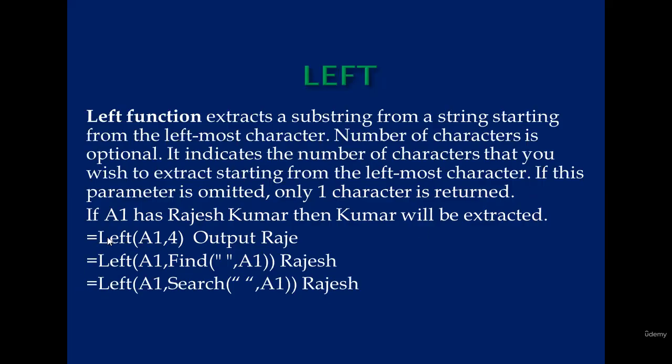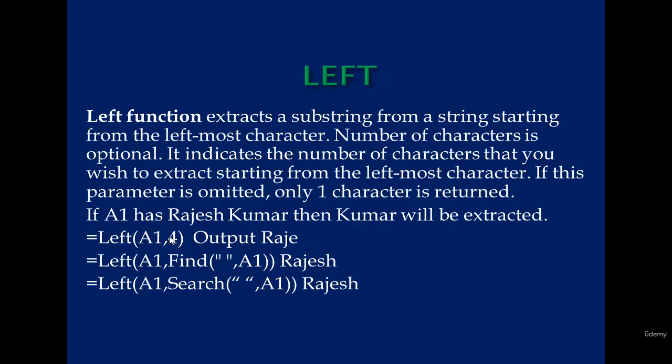You need to take the LEFT function on A1, and if I pick only 4 characters from Rajesh Kumar, from the leftmost character, you are taking only 4 characters: R A J E. So your output will be Raje. But if you want to pick the complete Rajesh, then you will have to pass 6 characters: 1, 2, 3, 4, 5, 6. So you need to put 6 here.